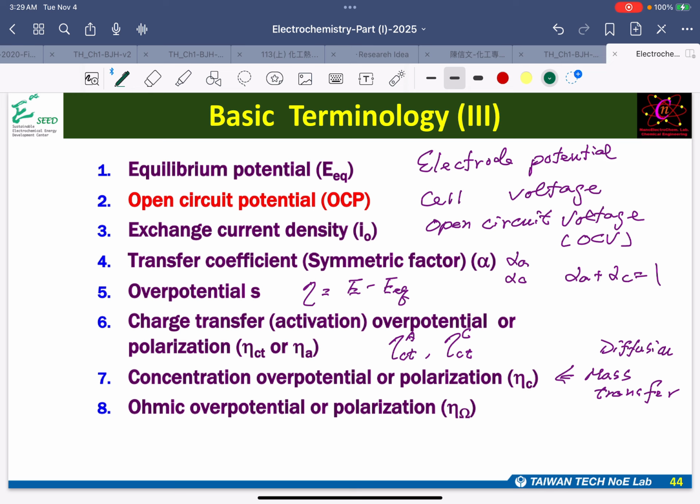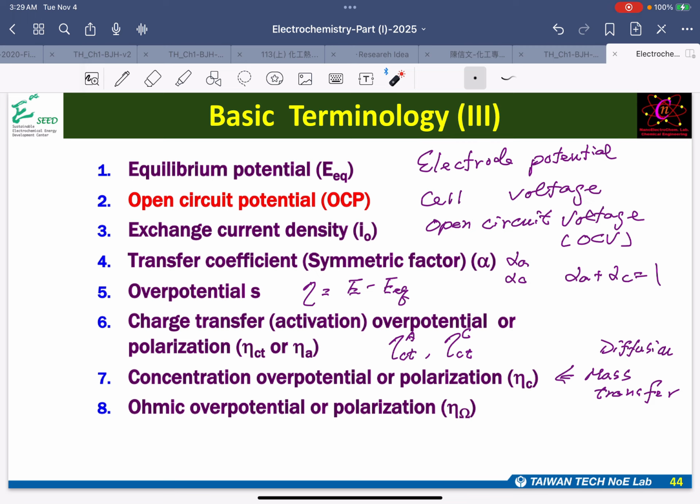The charge transfer overpotential, or we can also call activation polarization: if you have charge transfer resistance, you need to apply this potential to overcome this charge transfer resistance.